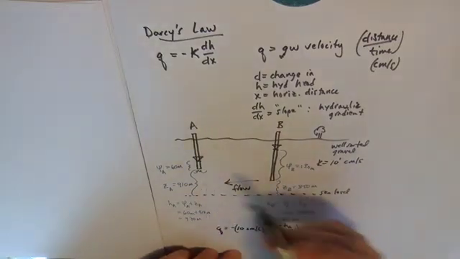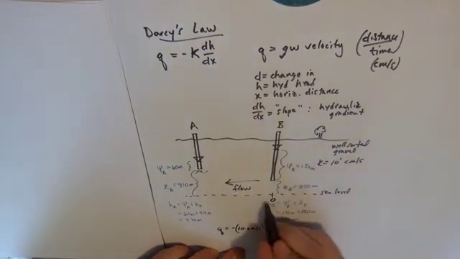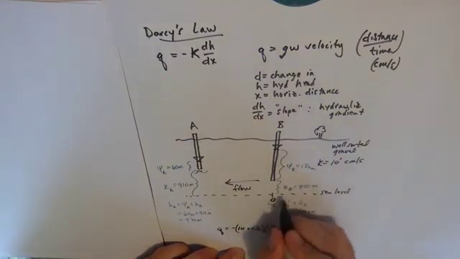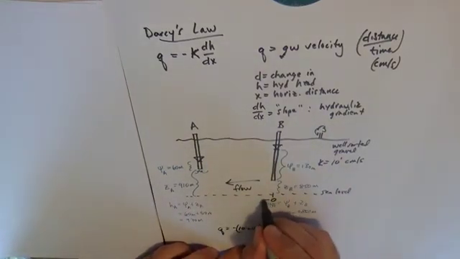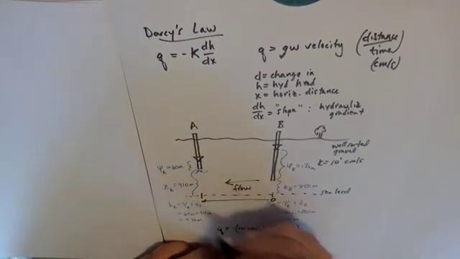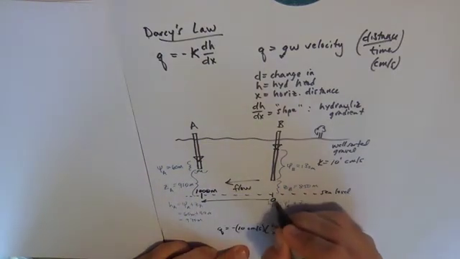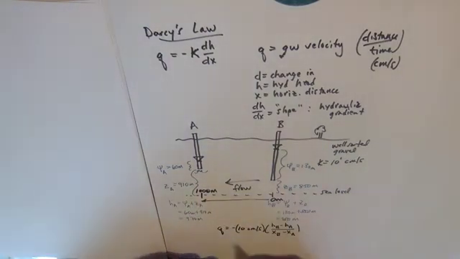Since it's flowing from here to here, we'll call this 0, just in terms of its position on the x-axis. And let's say that we measure along the land surface to this point, and it's 1,000 meters. 0 meters to 1,000 meters.